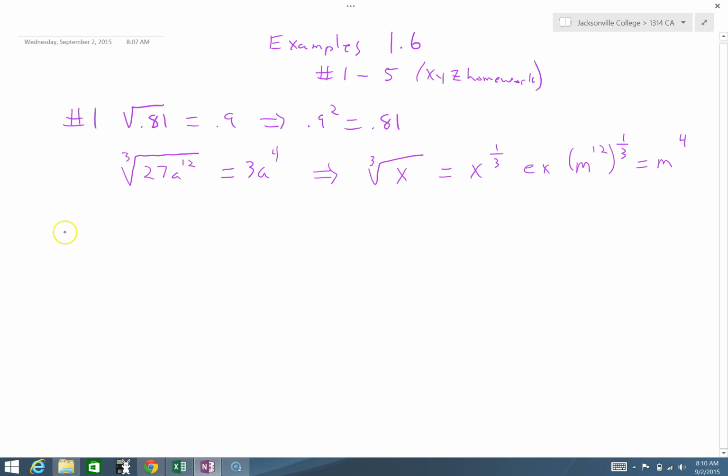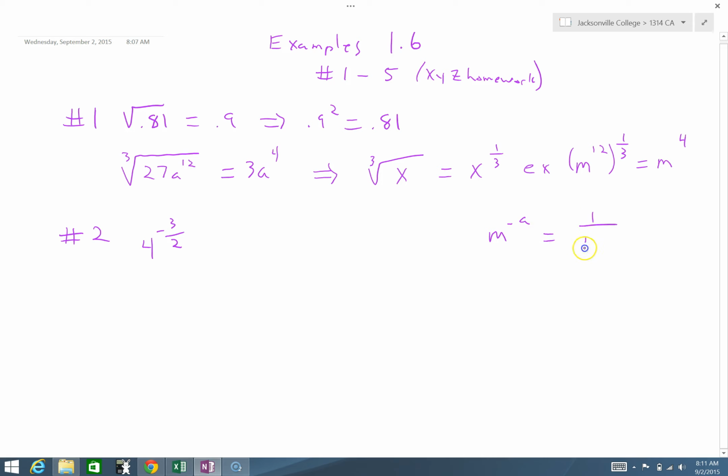Now, one like number 2. Let's say we have 4 to the negative 3 over 2. Well, to begin with, you may remember from our rule of exponents discussion that for anything to a negative power, m to the negative a power, I simply use the reciprocal.